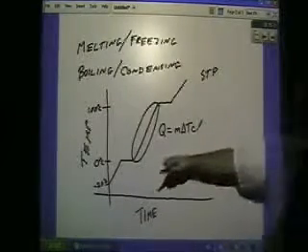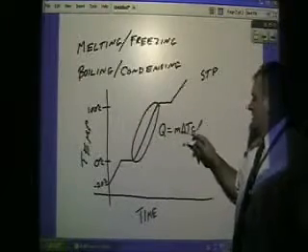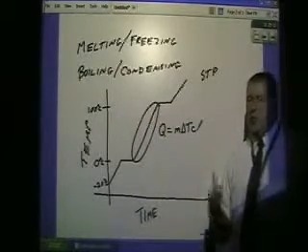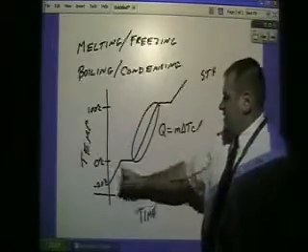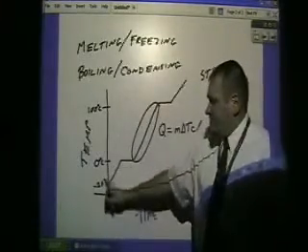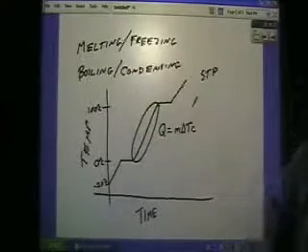In this phase, when it is in the same material phase, it is going to have the same specific heat value. Interestingly enough, the specific heat value for water is slightly different than the specific heat value for ice, which is slightly different than the specific heat value for steam.